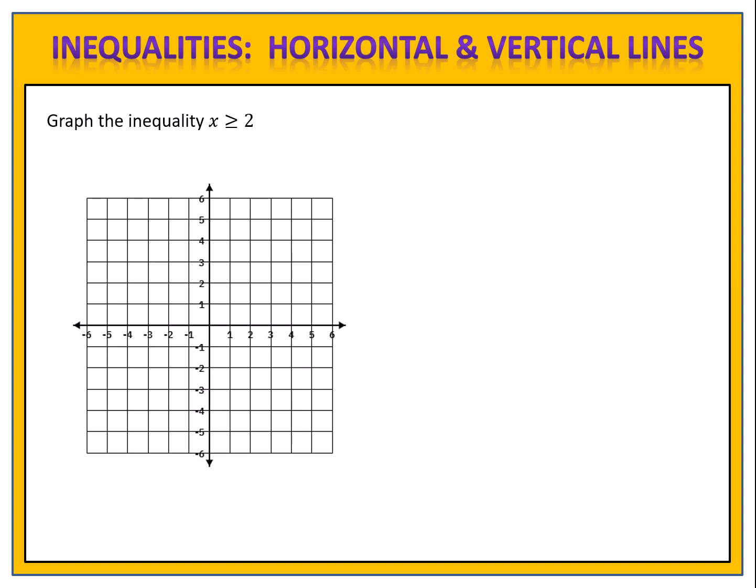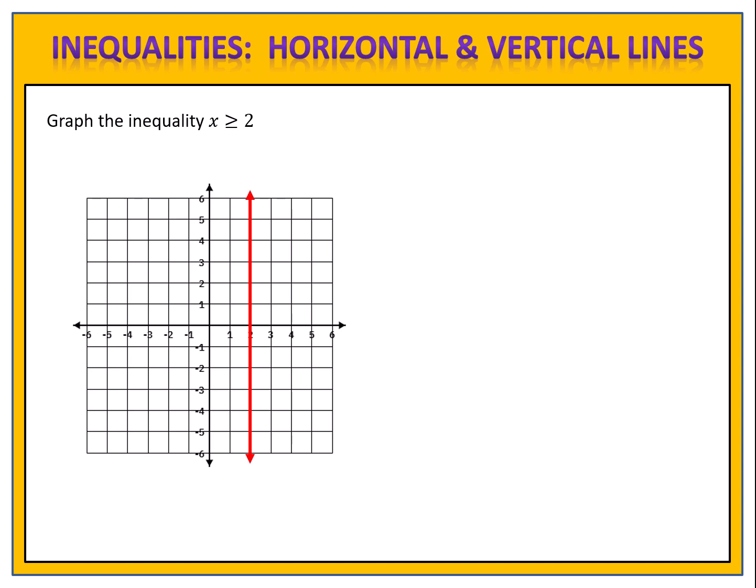In our next exercise, we want to graph the inequality x is greater than or equal to 2. We begin by graphing the line x equals 2, which is a vertical line through the x-axis at 2. This is a solid line because our inequality is greater than or equal to, and the equal to tells us we have a solid line.